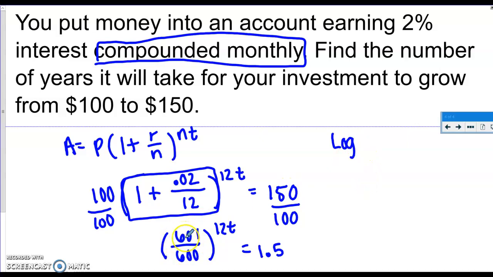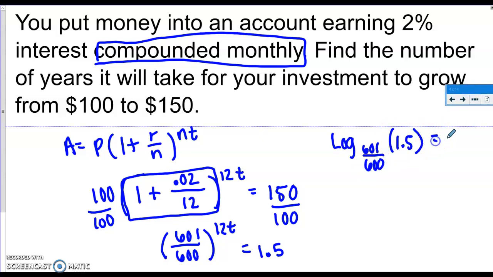And my base, I don't care which one you use. Either you have to leave the base as what this was originally, or put our simplified fraction as the base. My argument is 1.5, and it equals my exponent.